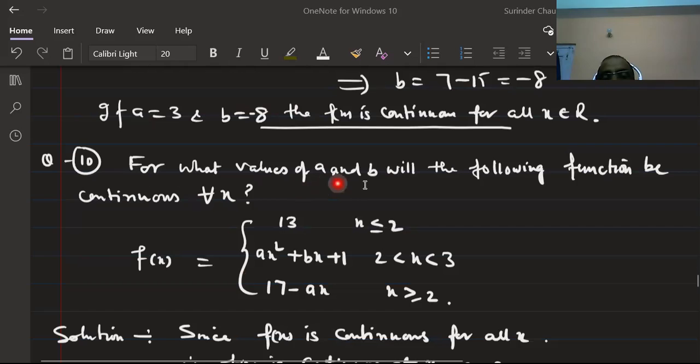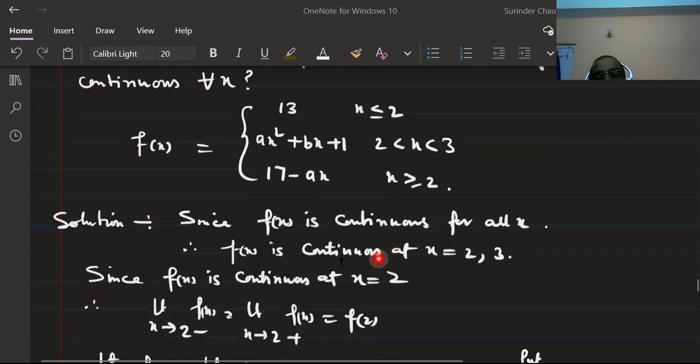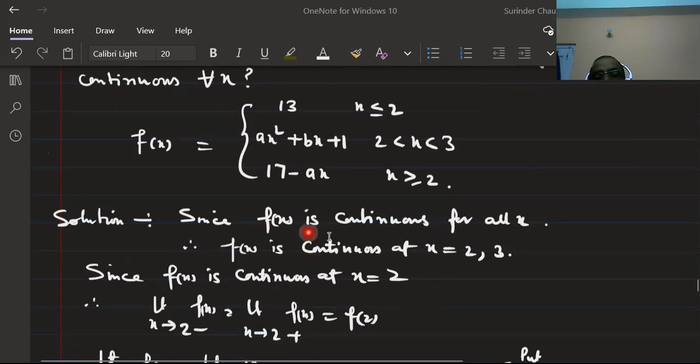Now our aim is to find a and b so that the function f(x) is continuous everywhere. The critical points are 2 and 3. Since f(x) is continuous for all x, it is continuous at 2 and 3.